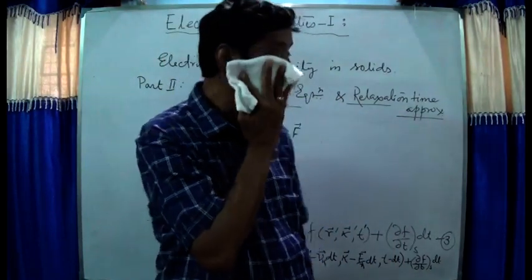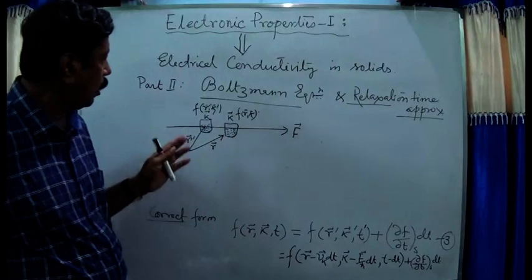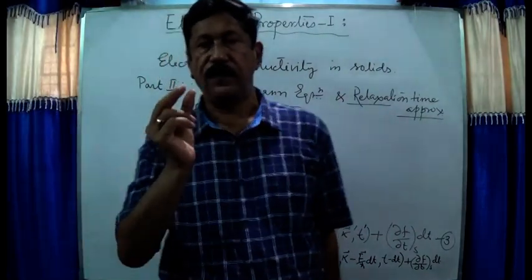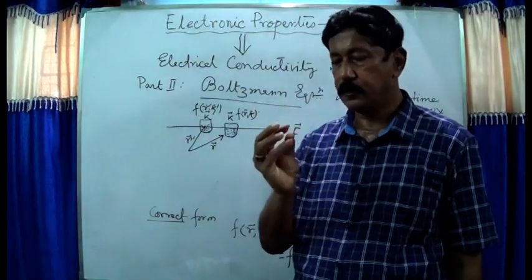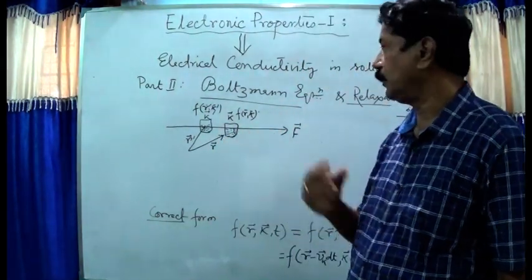The configuration of the particular collection of electrons can be represented in this way.